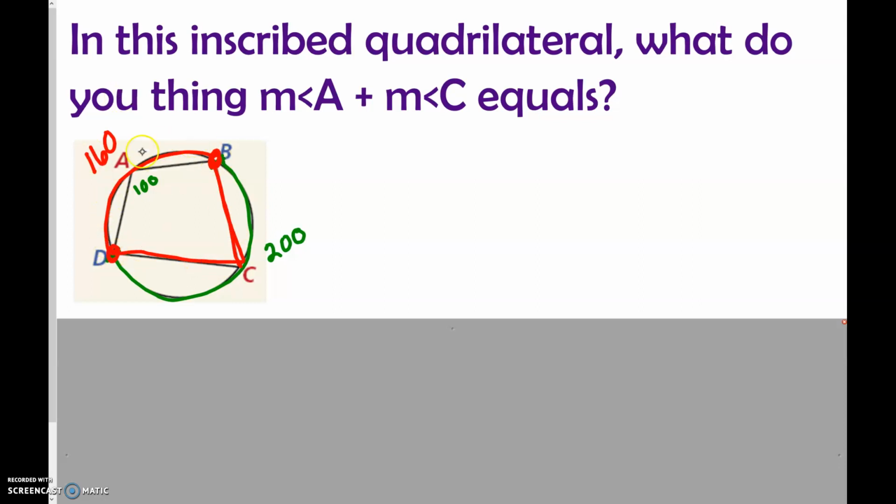So if that arc is 160, what is this inscribed angle? Well, that's going to be half, so this is going to be 80. Now look, what's happening with angle A and angle C. Angle C we found to be 80 degrees, and we started with A being 100. So 100 plus 80 is 180 degrees.